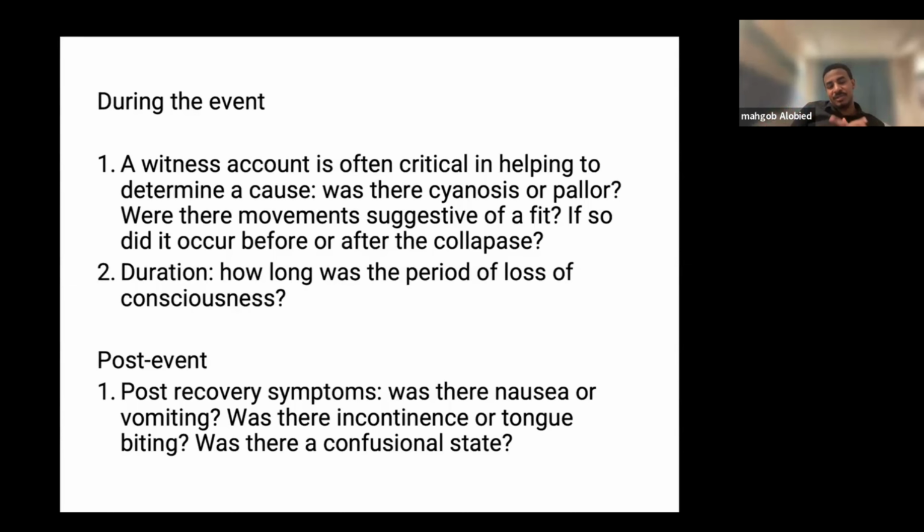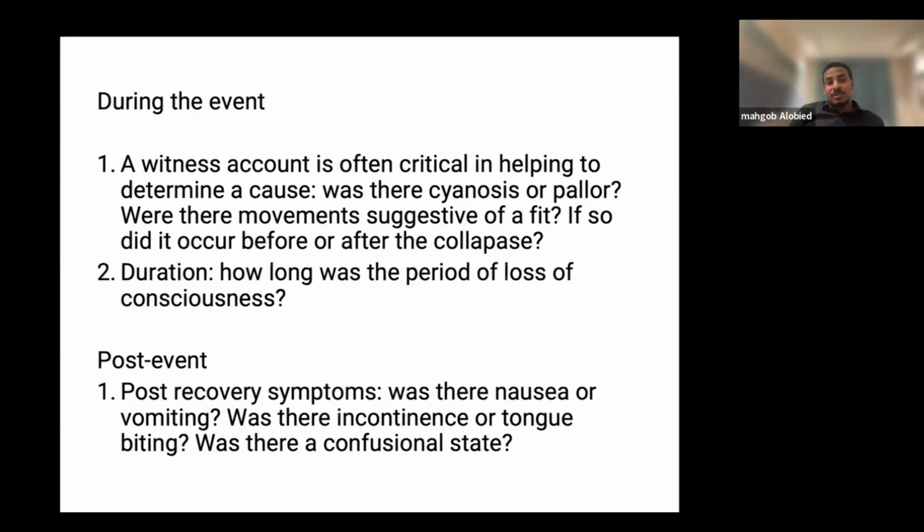Neurological syncope may be a fit or convulsion, for example. So if the witness said yes, there is abnormal jerky movement in the limbs, most likely it may be a brief convulsion. If he said no, the patient looked cyanosed or pale, like dead, not moving for 2 or 3 minutes, then it's most likely the other causes, and maybe cardiac also.